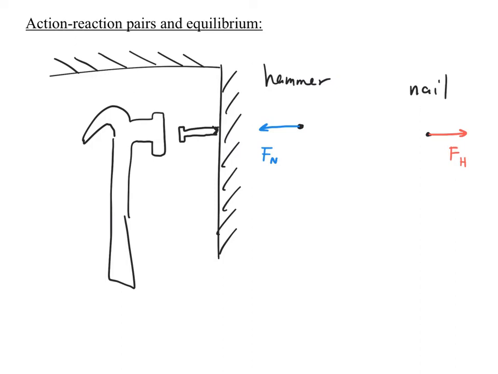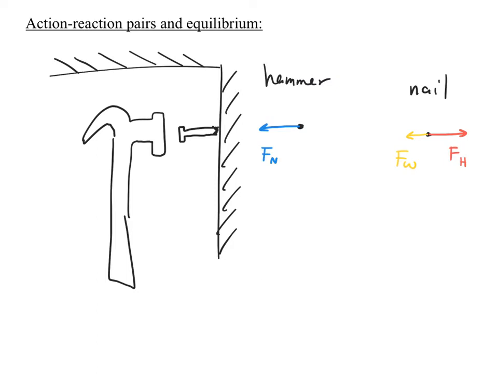But here's the thing. If I were to then draw the rest of the forces acting, I could see why this nail accelerates. Because the wall pushes back against the nail, but with very little force. The wall can't withstand the force of the hammer acting on the nail. So therefore, the nail penetrates the surface of the wall and embeds itself.